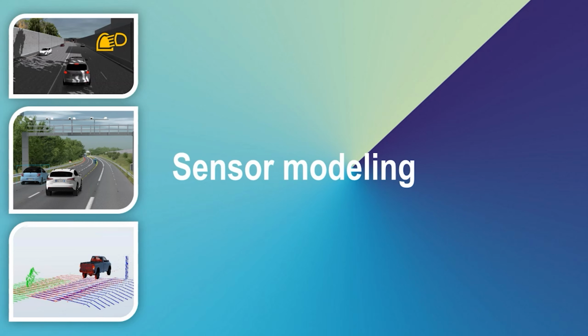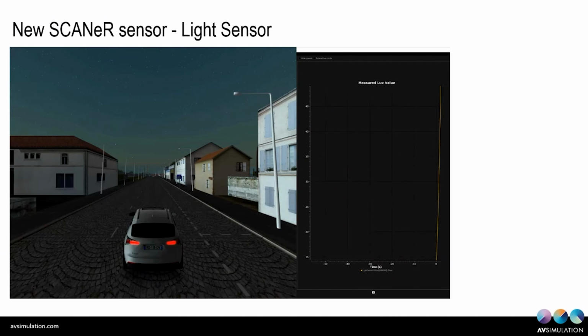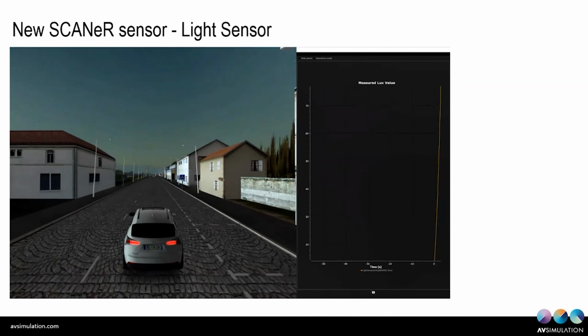Now to see the other new sensors, we don't only have the eHorizon sensor, we also have a new type of sensor. So we have a new light sensor. The light sensor allows us to measure the illuminance of the scene.